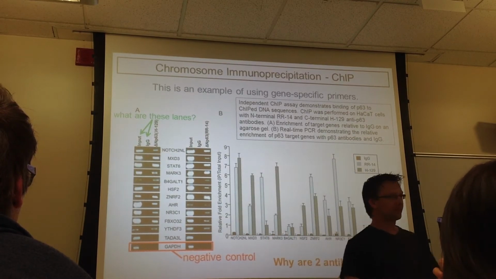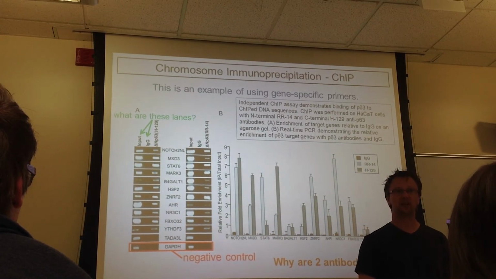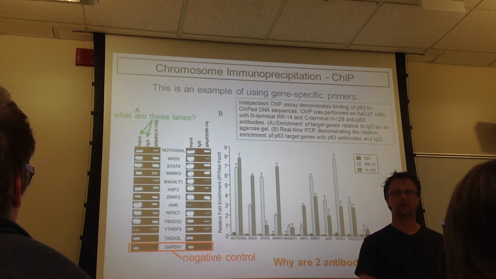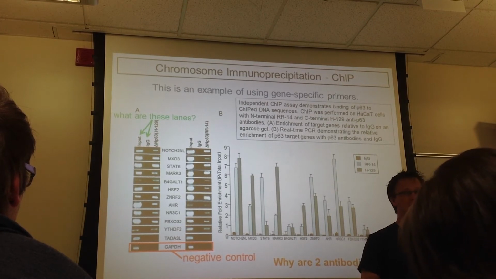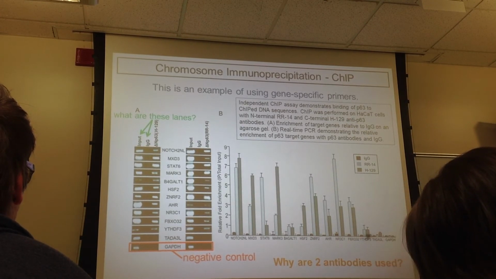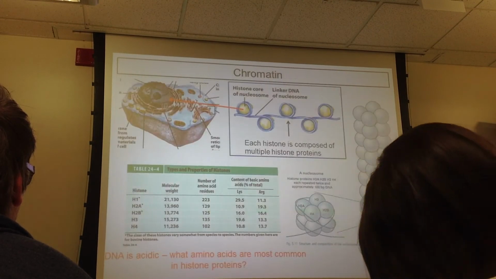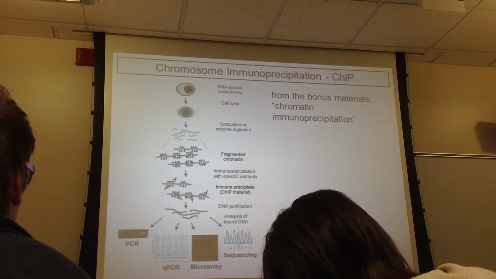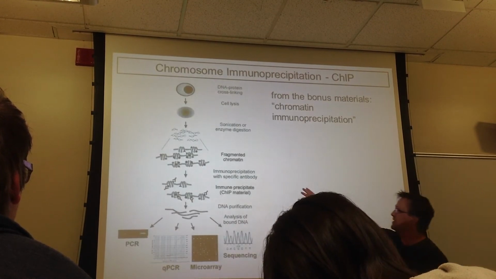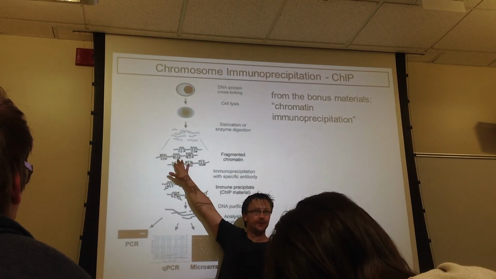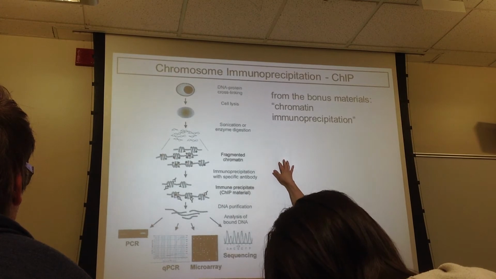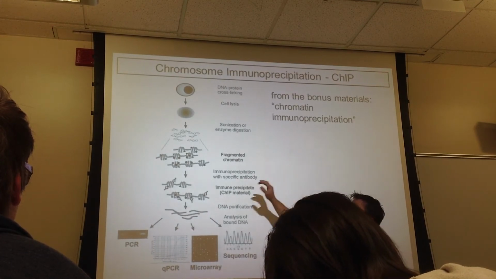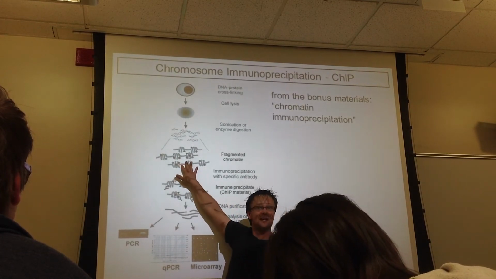So the input is a what type of control? Their template DNA is the input. Fragmented chromatin is the input, right? So you take some of the sample out before you continue with this process, and we use this because we have all the DNA here.